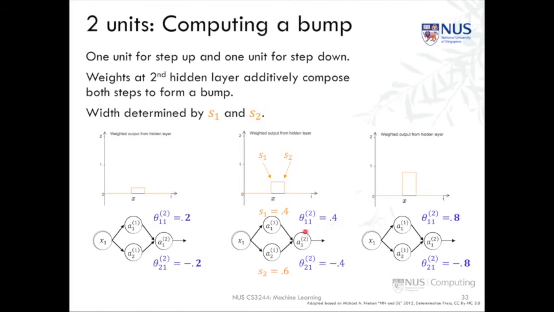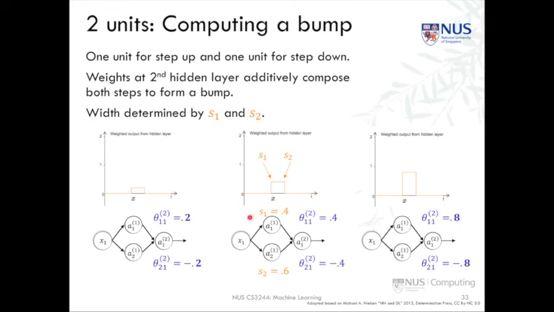So 0.4 coming from this unit would turn this one up to a level of 0.4, and then having this neuron fire at 0.6, I'm going to add a minus 0.4 to this. So instead of just going up, I'm going to add a negative 0.4 and I'm going to come back down. So that's going to create this bump function that we need.